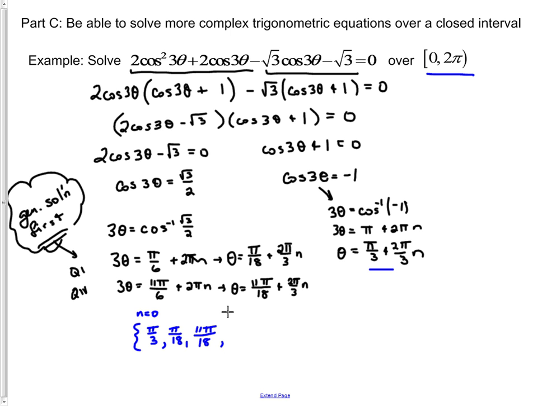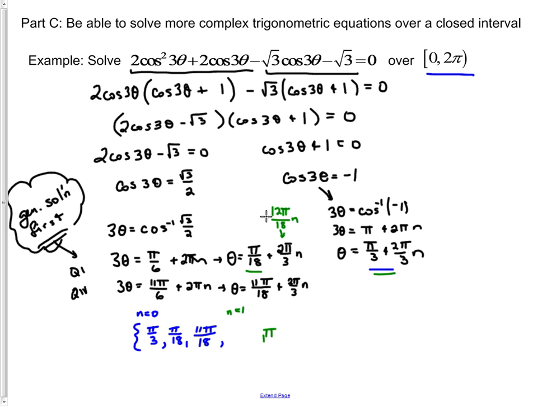What happens if we let n equal 1? Well, letting n equal 1 is going to give us pi over 3 plus 2 pi over 3. That's pi. So that's a solution from right here. If we take pi over 18 and add 2 pi over 3, let's get a common denominator here. That's the same thing as 18 in the denominator, if the numerator is multiplied by 6, as 12 pi over 18.